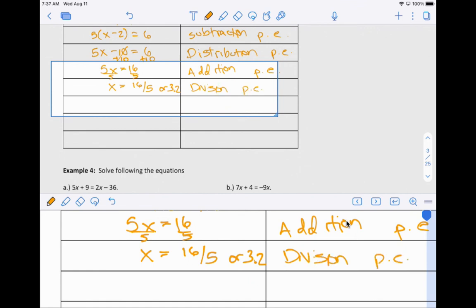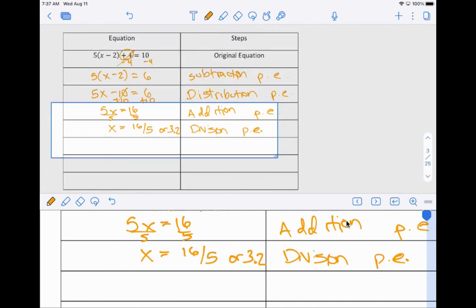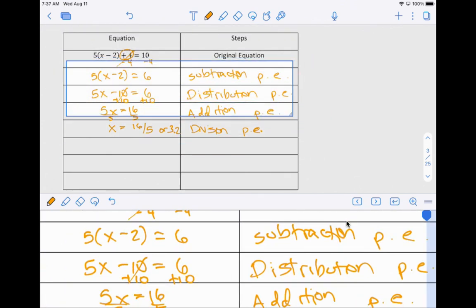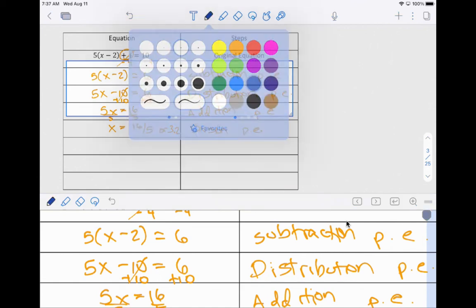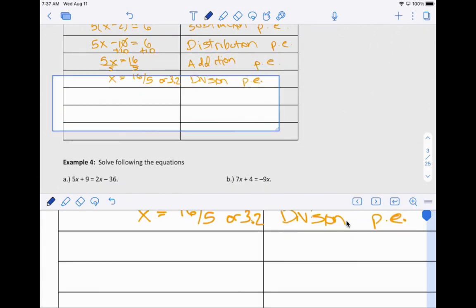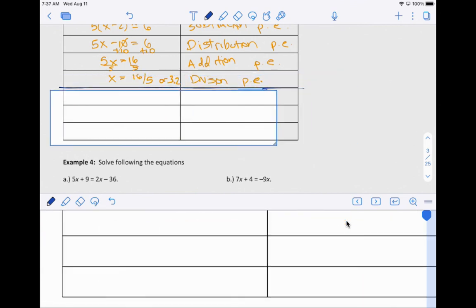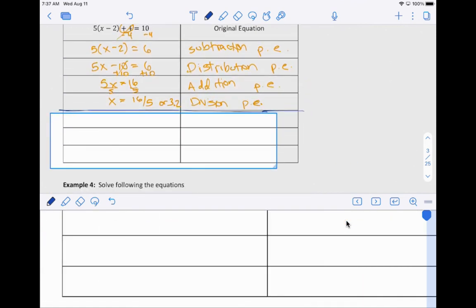Now, there was a secondary way to do this, as I mentioned. Right about here, we did not have to distribute. That is not the only thing we could have done. So right about there, I'm going to go ahead and do a different color. We could have simply divided the times 5. So we had 5x minus 2 equals 6.